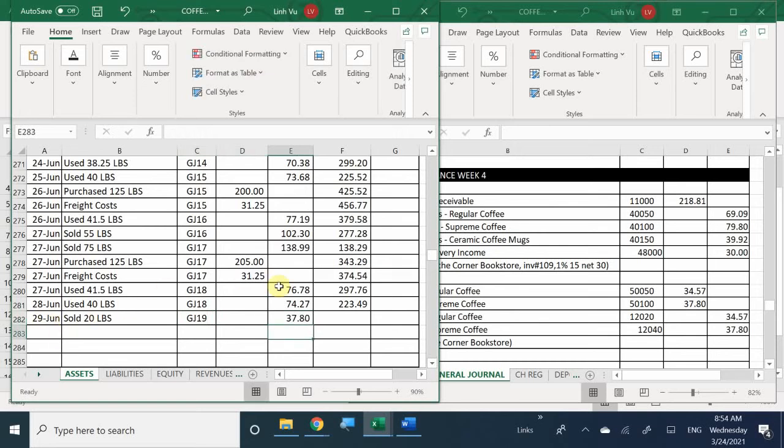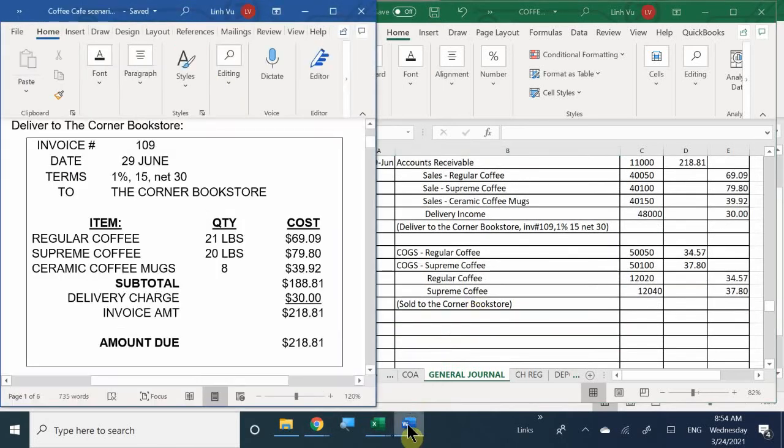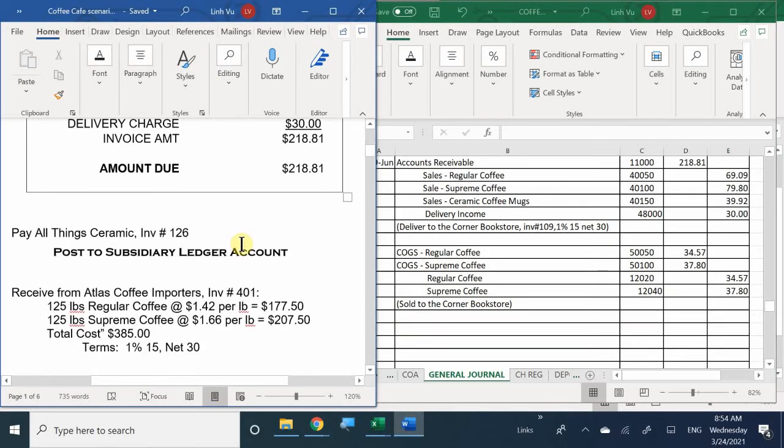So therefore, what is our new ending balance? 185.69. Yes, 185.69, right? Which we know because we calculated it in our inventory worksheet. Okay, everyone good so far? Yes. All right. So what happens next?